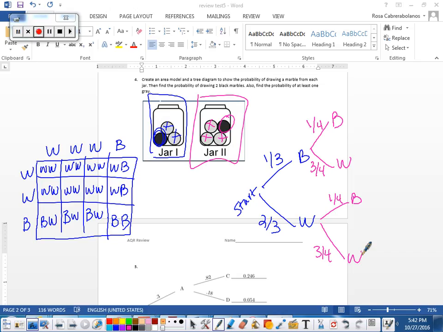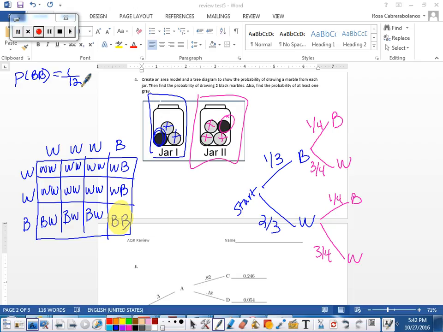Now I need to find the probability of 2 marbles. So probability of black, black. I'm going to put this one up here. On my Punnett square, the only black, black is this one. So that is 1 out of 12.